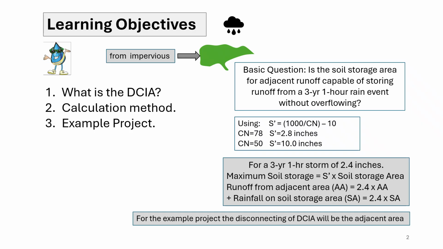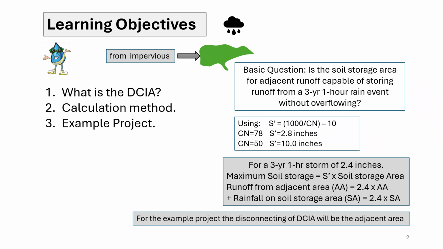To put this in practical terms, when the CN is 50, indicating relatively permeable soil, the maximum storage S' is 10 inches. But when the CN rises to 78, reflecting denser or more compacted soil conditions, S' drops to just 2.8 inches. So the higher the curve number, the less storage capacity the soil has.